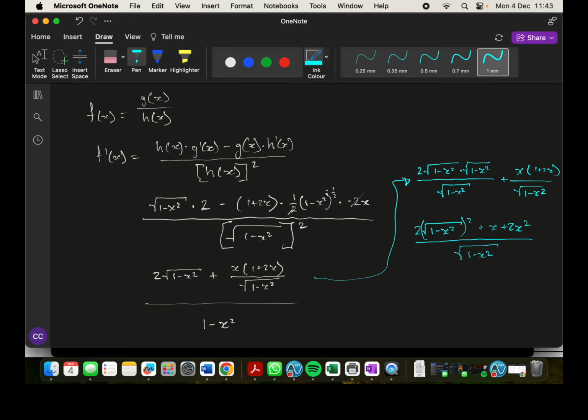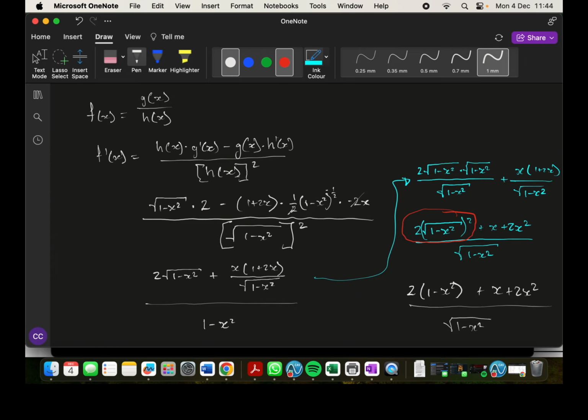Well, this first bit here, that can simplify to 2 times 1 minus x squared plus x plus 2x squared all over the square root of 1 minus x squared.